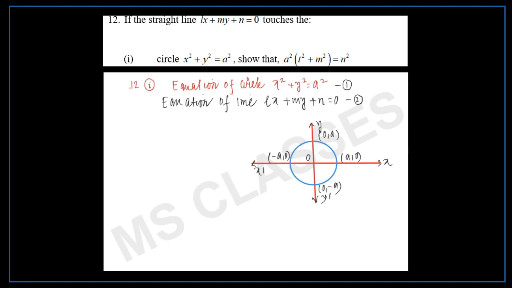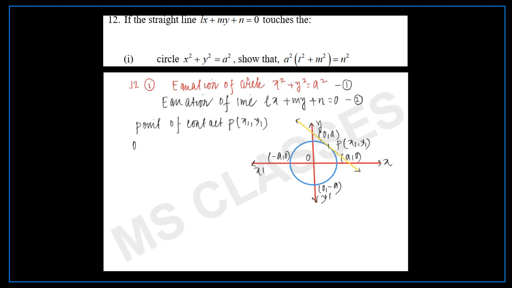Now the tangent to the circle at the point, we have taken the point of contact as P(x1, y1).